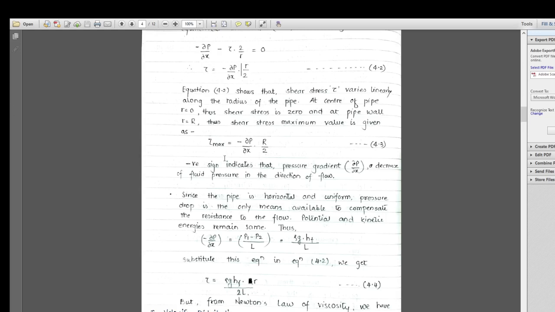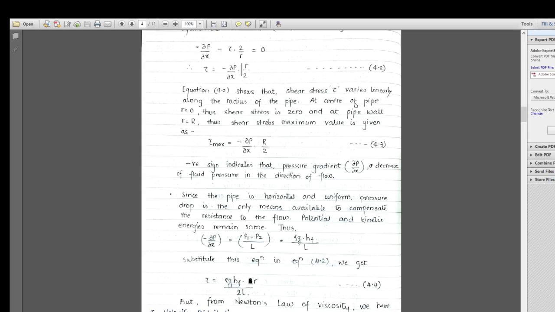So tau max, that is the maximum shear stress, will be minus ΔP by Δx into capital R by 2, because when small r is equal to capital R, the shear stress is maximum.